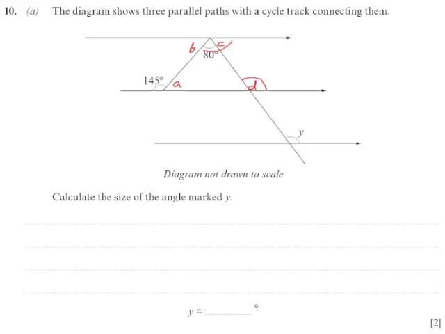So here's the second method. There are actually several ways of doing this, but here's another way. So what we're going to say now is that alternate interior angles are the same.